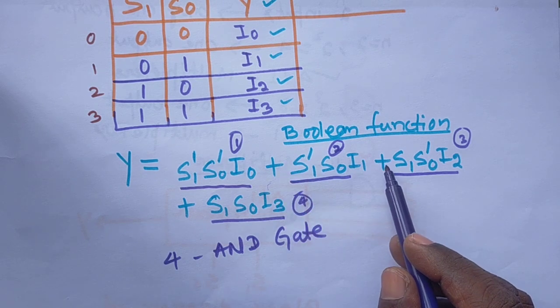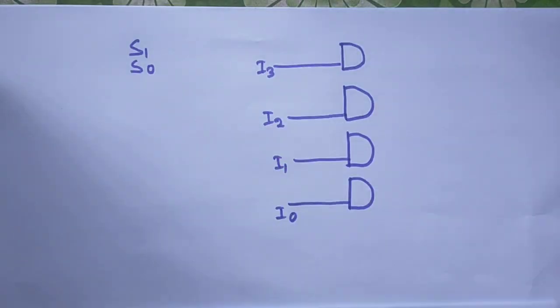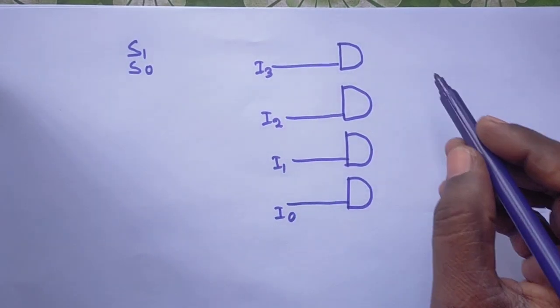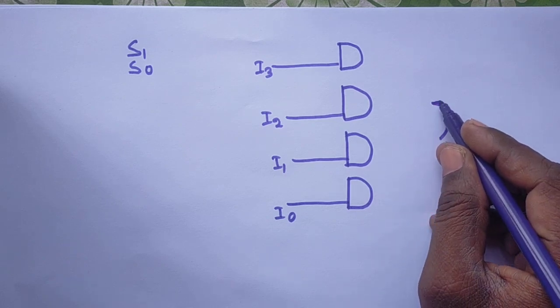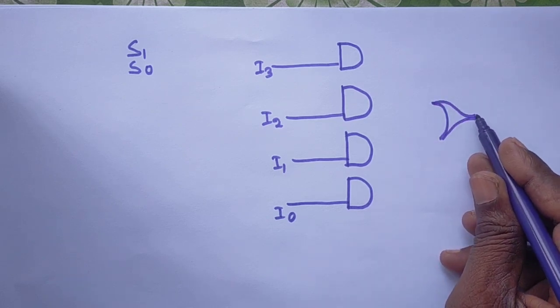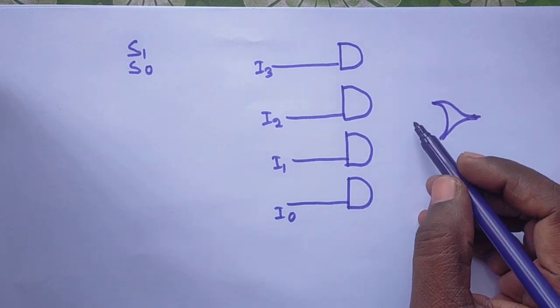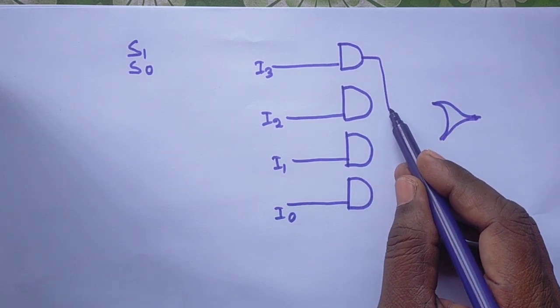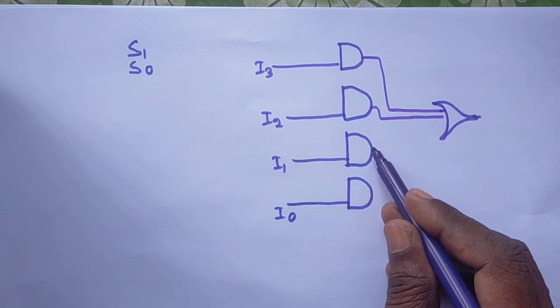The four terms are combined with an OR gate. First of all, one OR gate will take all the outputs.